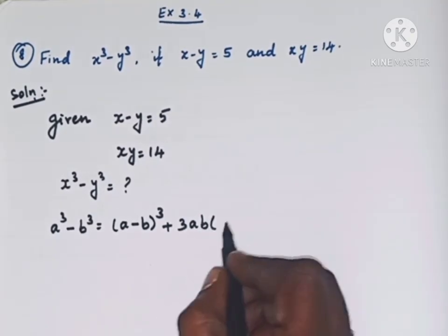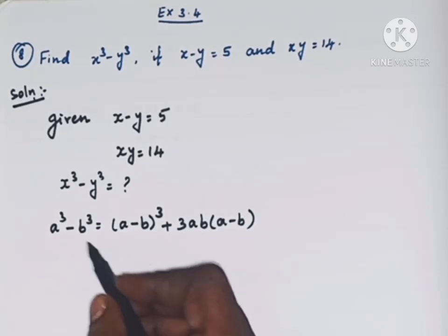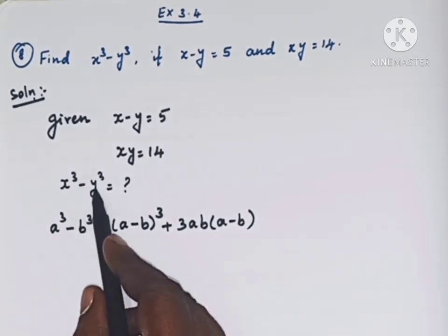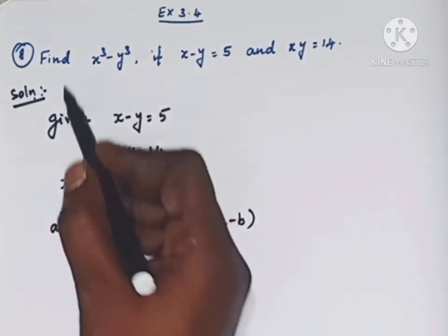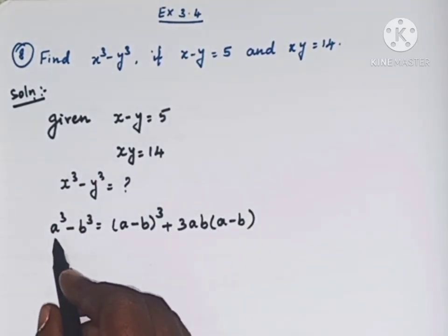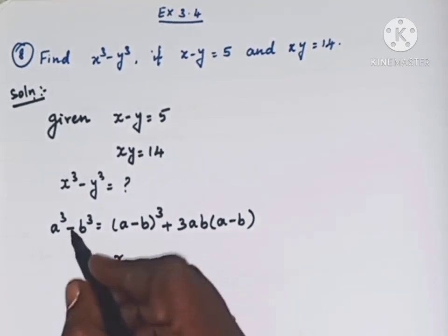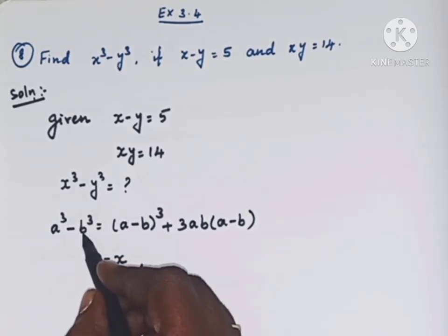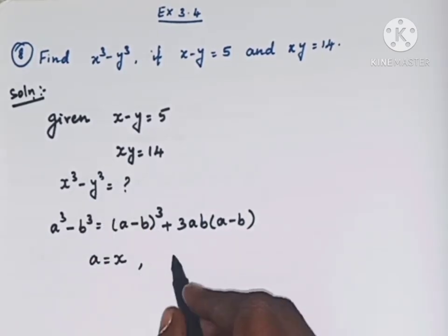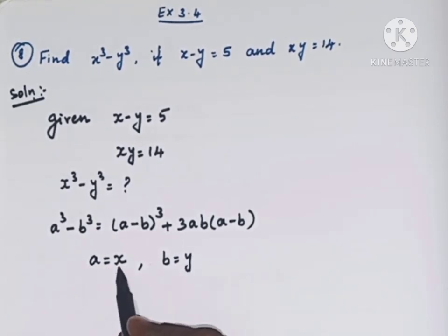Now we have to identify x cube minus y cube. In the sum they are asking find x cube minus y cube. So in the place of a we have to substitute x, a is equal to x, and in the place of b we have to substitute y, b is equal to y.